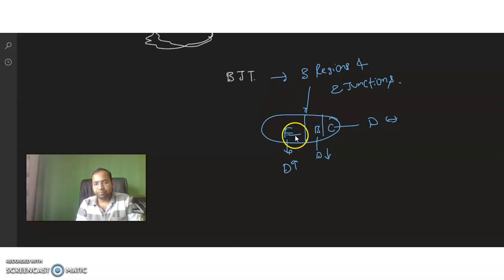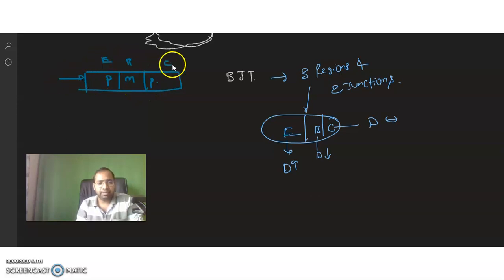Fine. Now, what does emitter injection efficiency mean? Usually, take the PNP transistor, so let's take the emitter, base and collector. In the emitter, say 100 holes are there, and in the N type base, let's take 10 electrons are there.